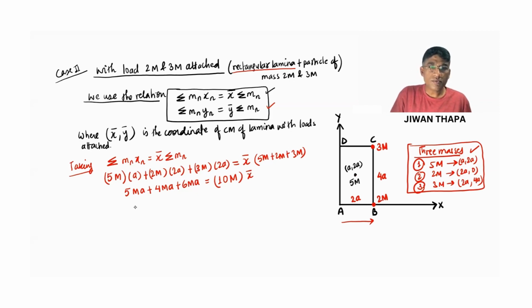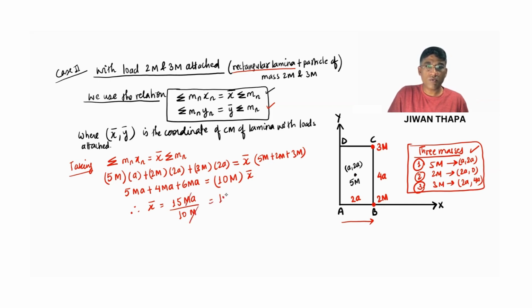Now the x coordinate of center of mass equals 15ma divided by 10m. So let us simplify this.